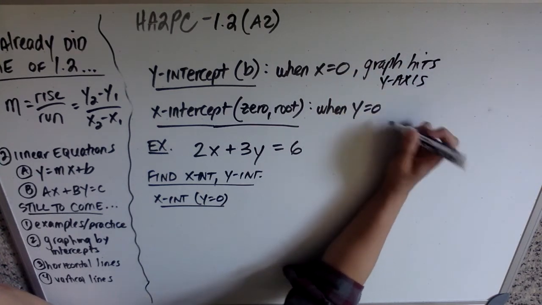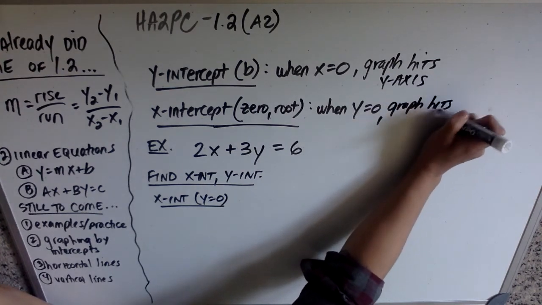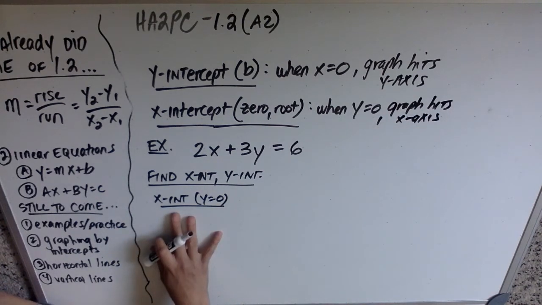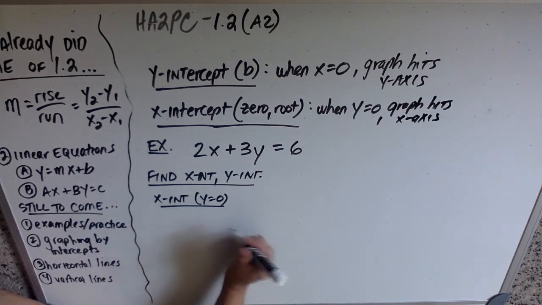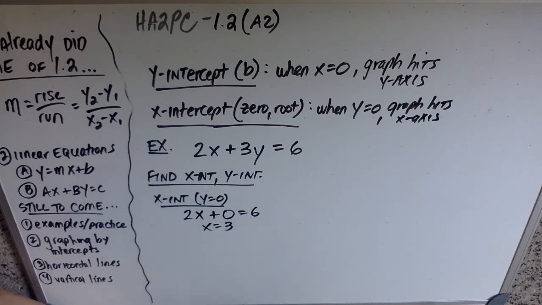That's why it's called the y-intercept. And when y equals 0, the graph is going to hit the x-axis, okay? So if I wanted the x-intercept, that would be when y equals 0. I would plug in y equals 0, and I would get 2x plus 0 equals 6, so I would get x equals 3, meaning that the point 3 comma 0 is the x-intercept.